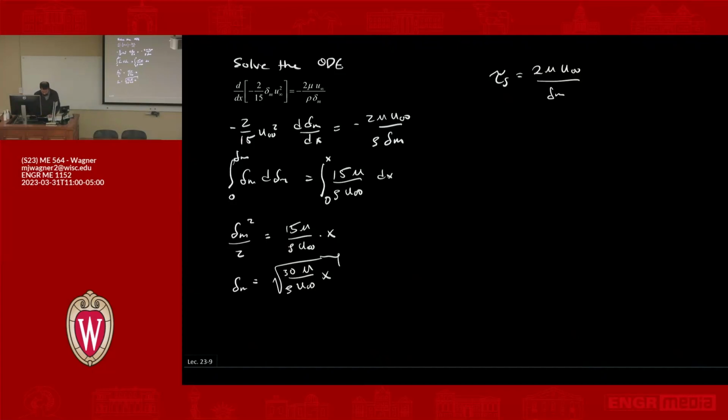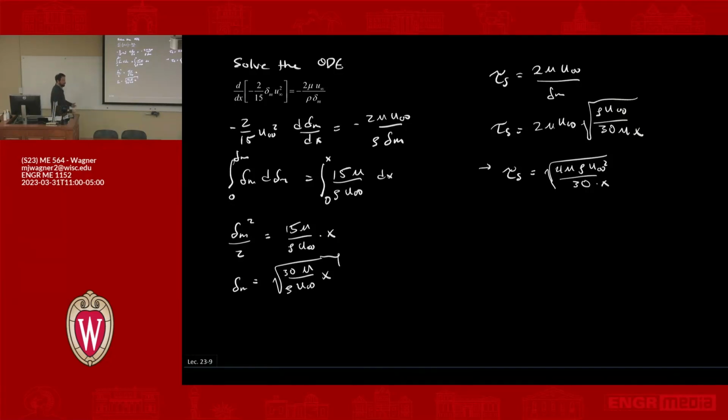I would get tau s is equal to 2 mu u infinity times the square root of this thing inverted, so rho u infinity over 30 mu x, which leads to tau s equal to the square root of 4 mu rho u infinity squared over 30 times x. Okay, so that's shear stress. Now you know the shear stress at any position x with this assumed velocity profile.